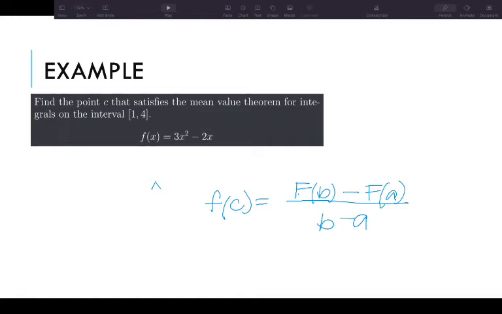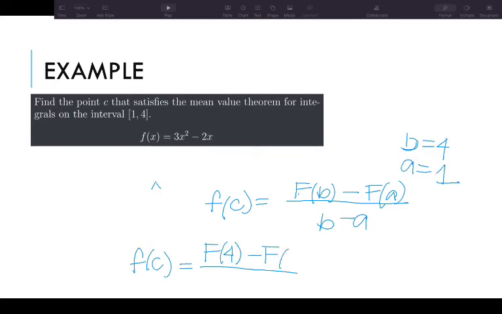So we have b equals the upper limit, right? Which is 4. And then a is the lower limit, which is 1. So we have f(c) equals capital F(4) minus capital F(1) all over quantity 4 minus 1.